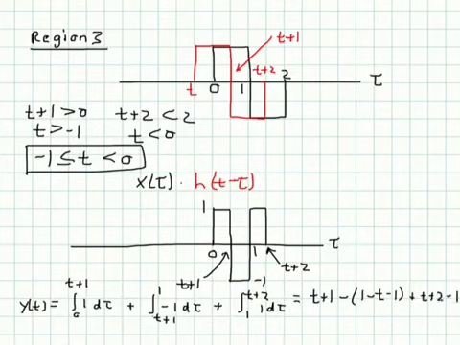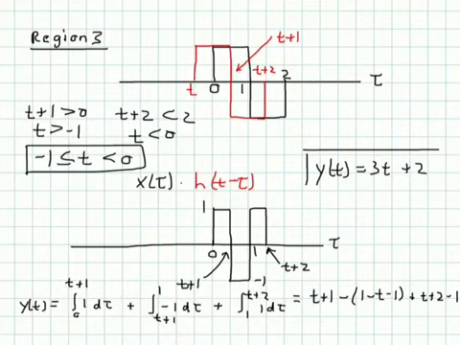Okay, and so then I can add all those together, and if I do that, my overall result is y of t equal to t plus 1 minus 1 minus t minus 1 plus t plus 2 minus 1, and that will be equal to, let's see, the t's, it'll be t plus t plus t, that'll be 3t, and then it'll be 1 minus 1 plus 1, alright, so it's just 1 plus 2 minus 1, so that's plus 2.